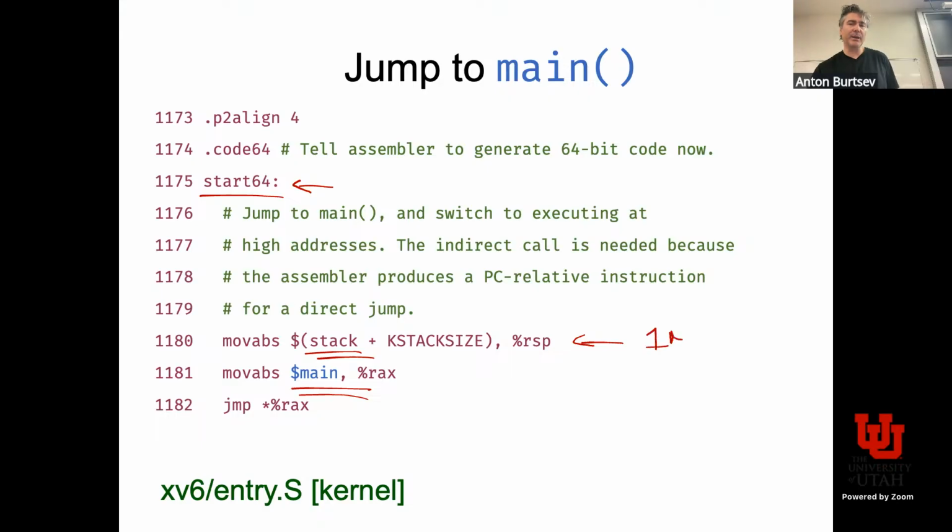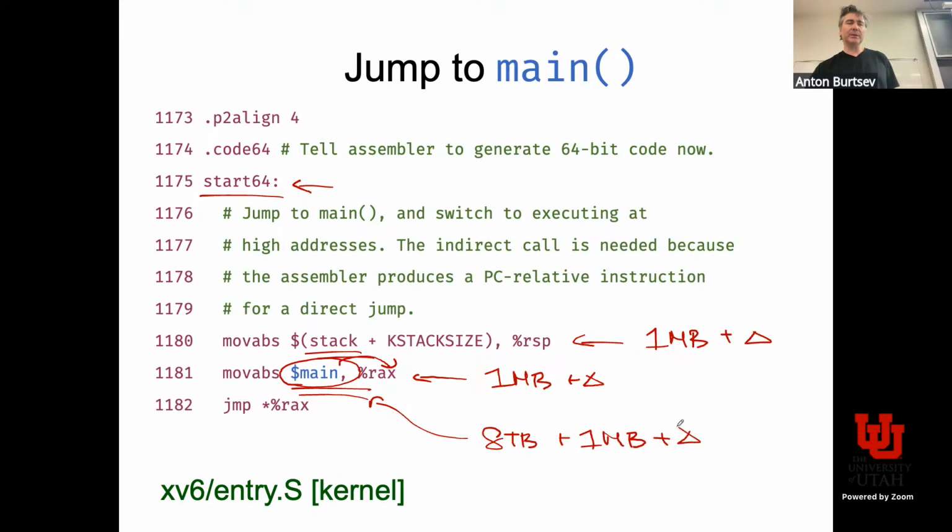This is still 1 megabyte plus some delta. But here you're loading the symbol main into the register RAX. And this symbol main is compiled to be at 8 terabyte plus 1 megabyte plus some delta, right? And this instruction, which jumps, this instruction actually will succeed, I believe.